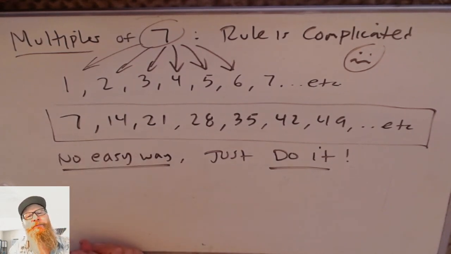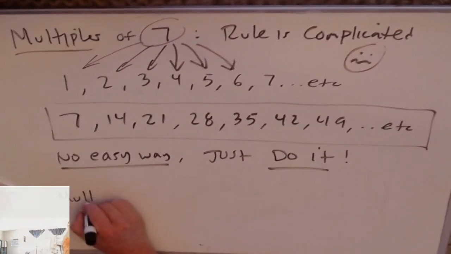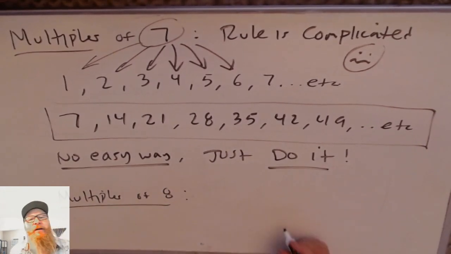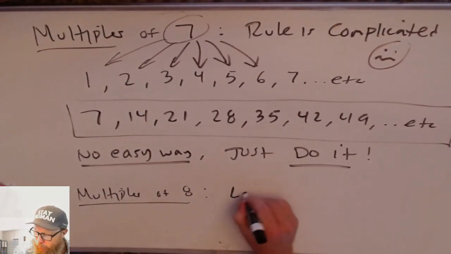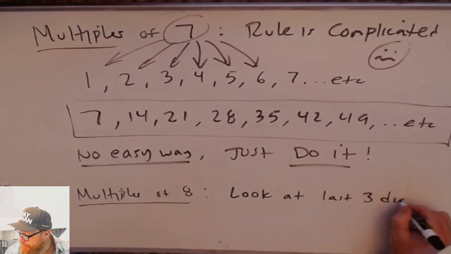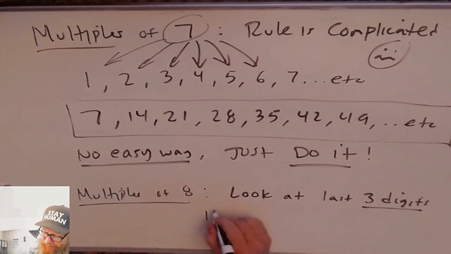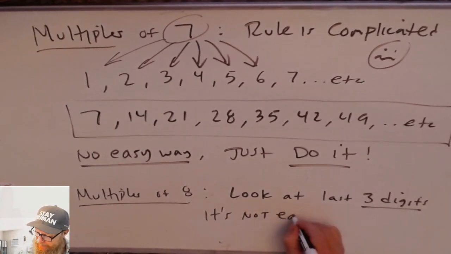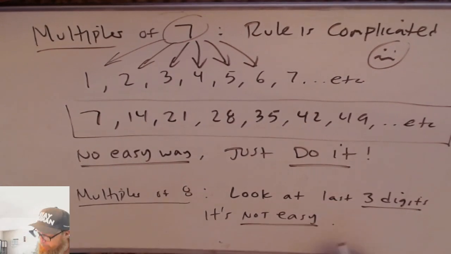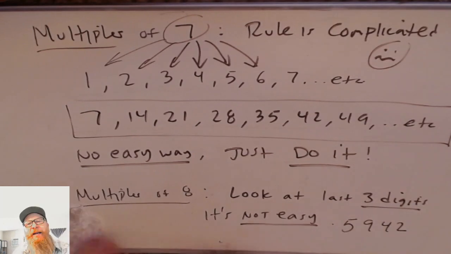All right. Also for 8, we look at the last 3 digits. But that also is hard. Okay, great, you got this number, 5,942, right?